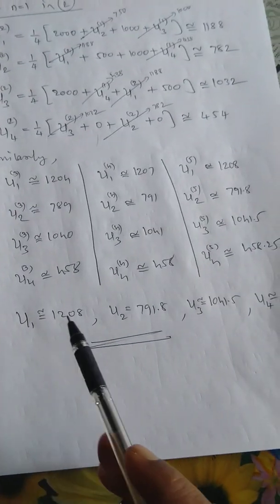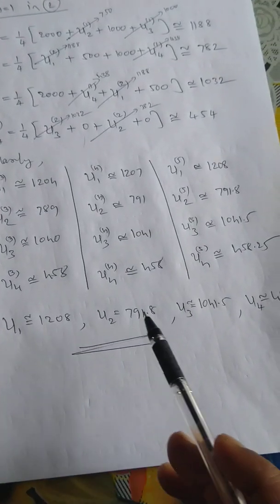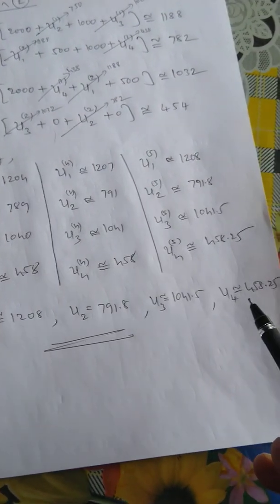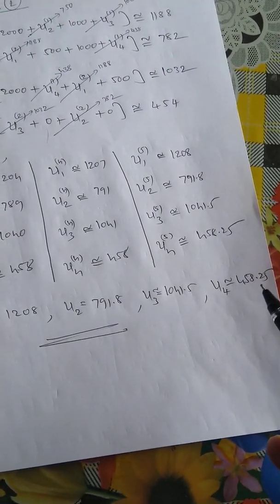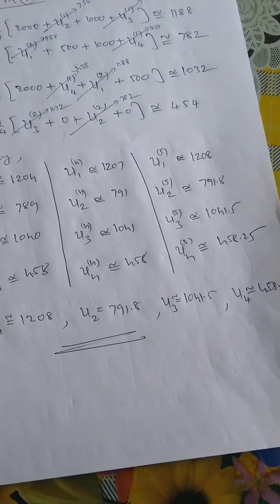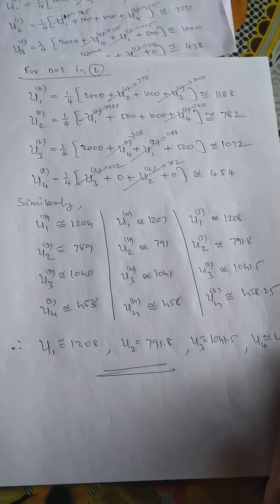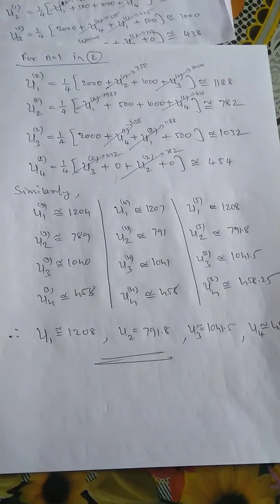Therefore, U1 equal to 1208, U2 equal to 791.8, U3 equal to 1041.5, U4 equal to 458.25. This is how we solve Laplace's equation by Jacobi's method and the Gauss-Seidel method. Thank you.